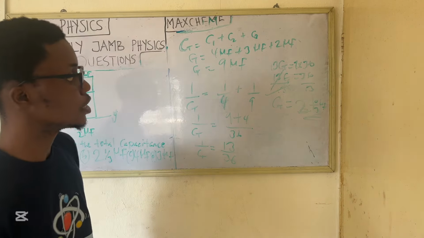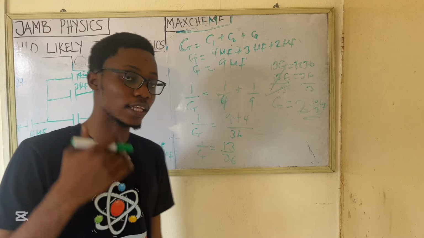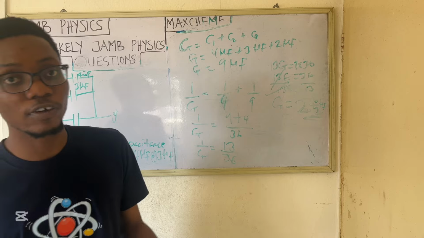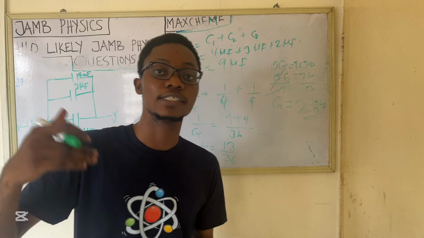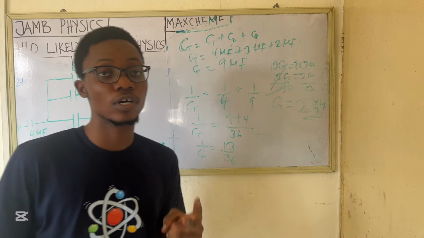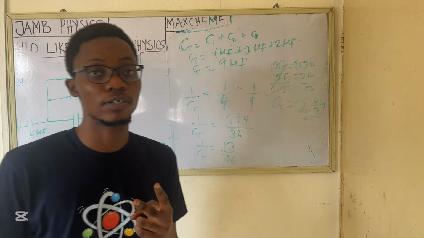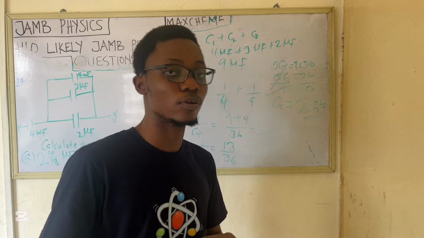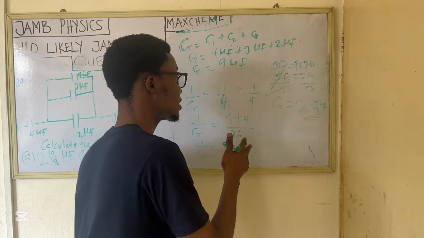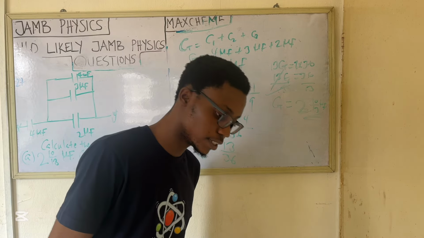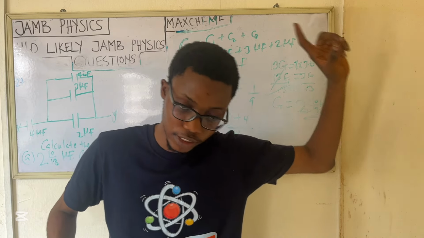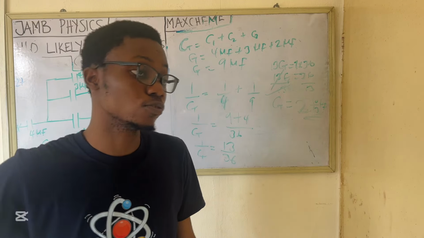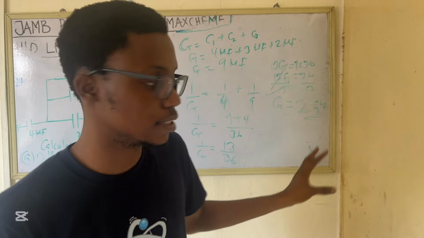So in this case, 1 over CT, where CT is the total capacitance, equals 1 over C1 plus 1 over C2 for the series arrangement. So know the differences between resistors in series and capacitors in series. You just have to know the arrangement.